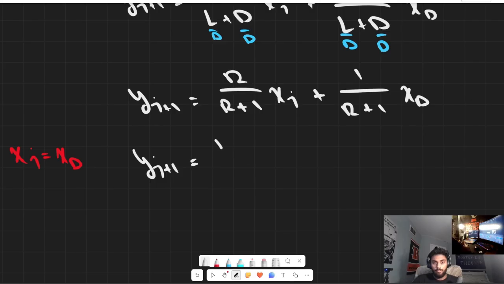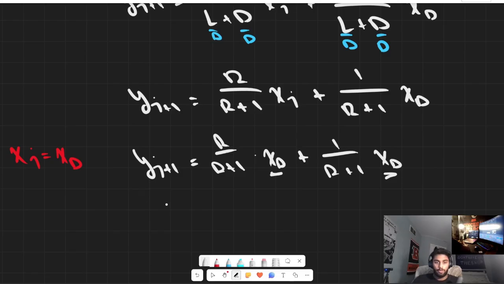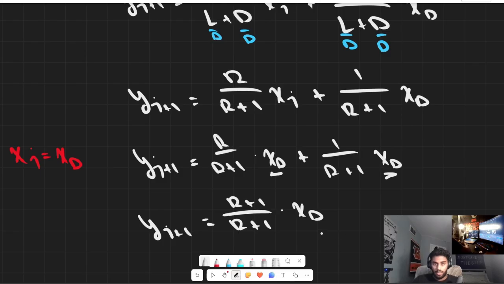so now we have R plus 1 times xd plus 1 over R plus 1 xd. And we see that we have a common term here. So we simplify this. R plus 1 over R plus 1 times xd. And of course, this cancels out to be 1. So we have yj plus 1 is equal to xd.